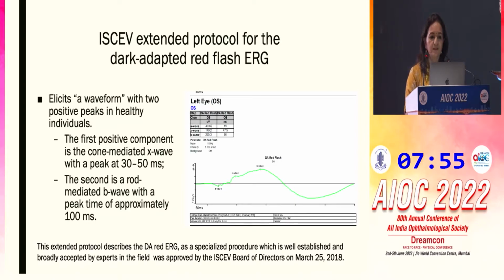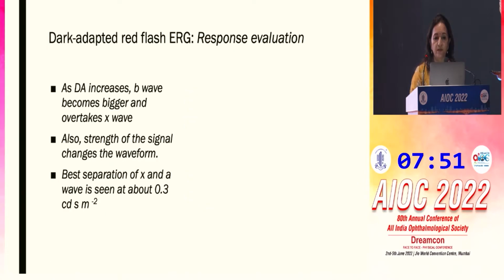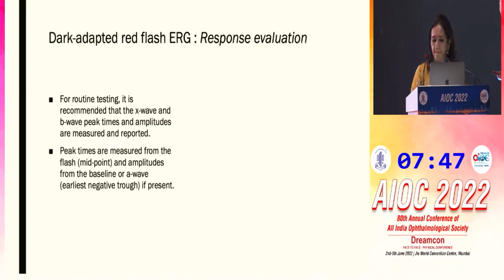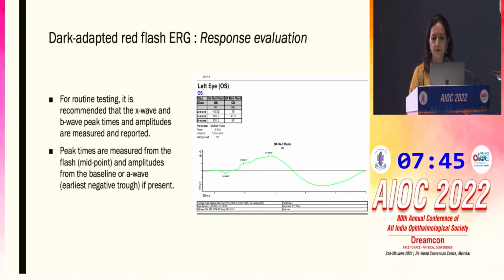Somehow the figures are taking a little time to come up. So this is the kind of response that you get. What this specific type of stimulation does is it splits the B wave, which we normally get in a scotopic dim flash, into an X wave and a B wave.